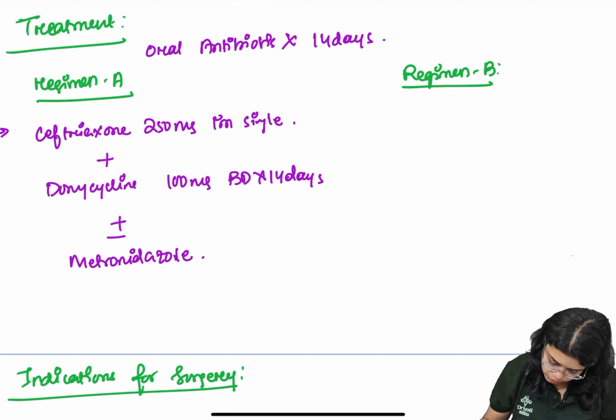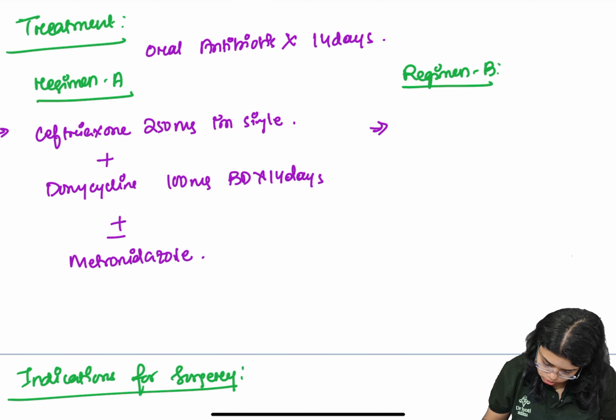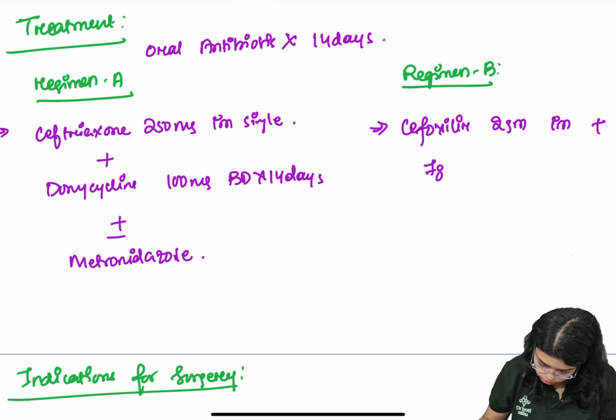And in regimen B, ceftriaxone is replaced by cefoxitin 2 gram IM with 1 gram probenecid, single dose.